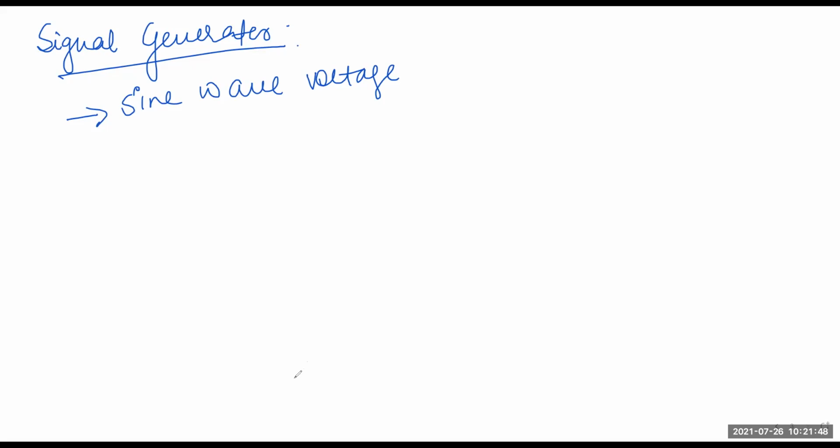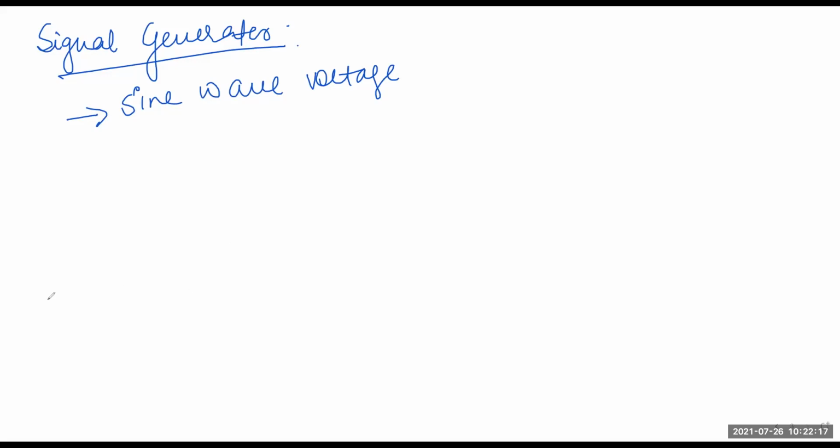You have the idea of modulation because you have gone through analog communication. So the output signal may be amplitude modulated or frequency modulated. Usually amplitude modulation is mainly employed in a standard signal generator.